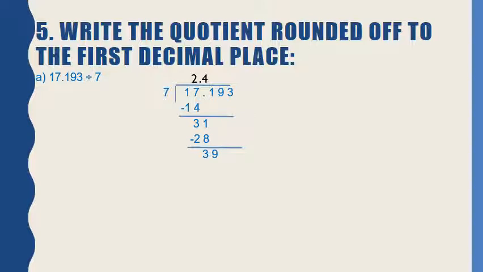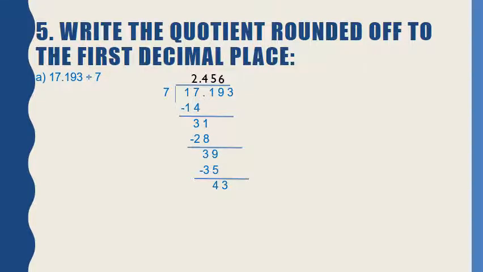So we will divide 39 by 7. So what do we get? Well, 7 fives are 35. So we will write 5 in the quotient, and here we will write 35, and we will subtract 35 from 39, and we get 4. And again we will carry down 3, and we will write 43. Now we will divide 43 by 7.